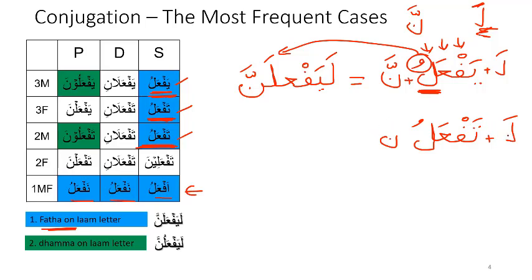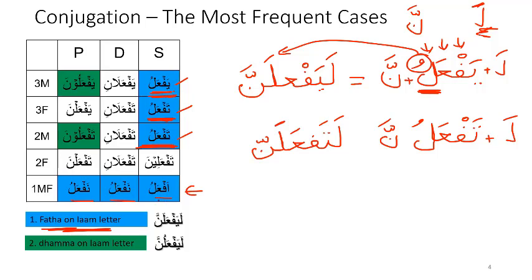So this will become la taf'a, and then how will I end it? Will I put lanna or lunna? Lanna. So all these blue ones will have a fatha on the lam letter. So la taf'alanna means that you will most definitely do.